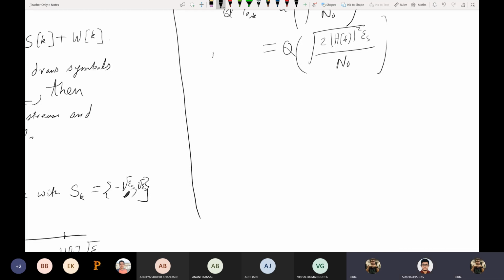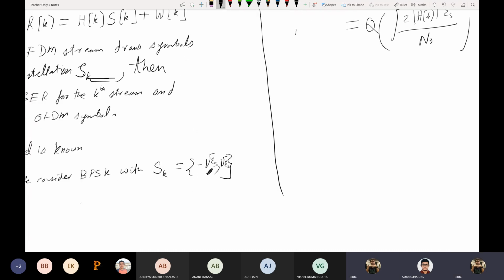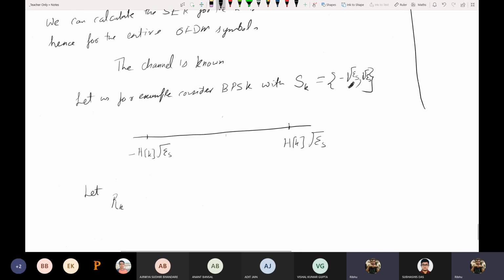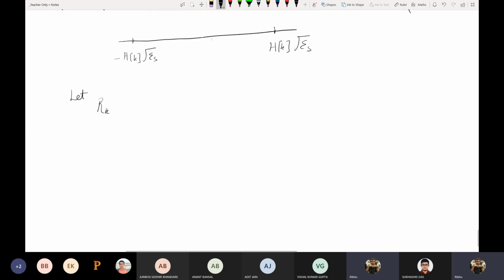Yes, here it doesn't matter, but sir, when you drew the diagram with the symbols... You are right. Actually, if I draw the diagram, hk can be anything. So you have to have the axis aligned with that hk.